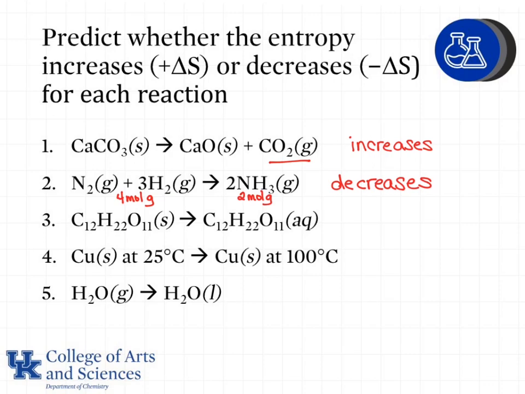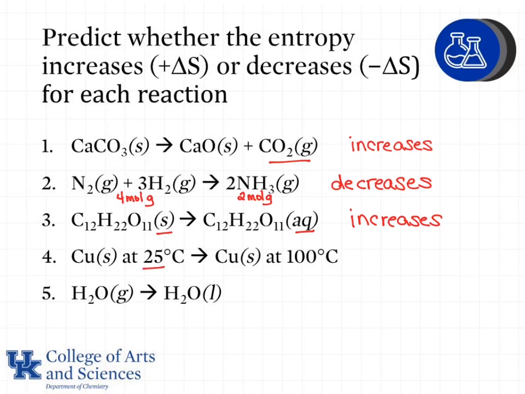For number 3, we have sucrose as a solid and then sucrose dissolved in water. Because we're going from a solid to an aqueous solution, this will be an increase in entropy. For number 4, we have solid copper at 25 degrees Celsius going to solid copper at 100 degrees Celsius.